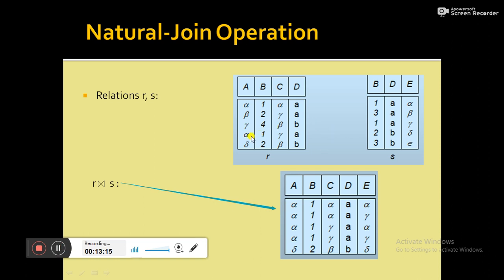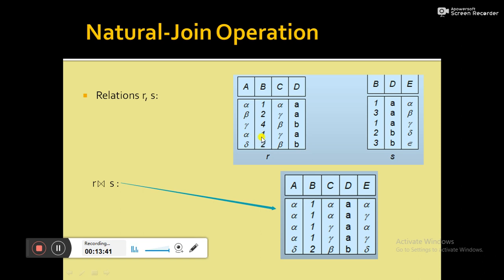The next element of R is alpha 1 gamma A. Similarly, we have to compare it with every record of S. The common attribute is 1A, and here also the first record common attribute value of B and D is 1A. So this is same. So alpha 1 gamma A alpha, that record will be selected.